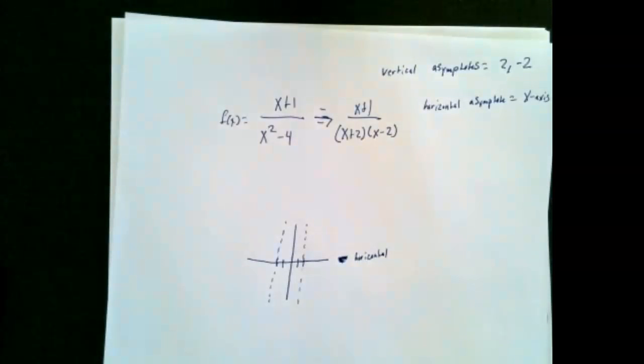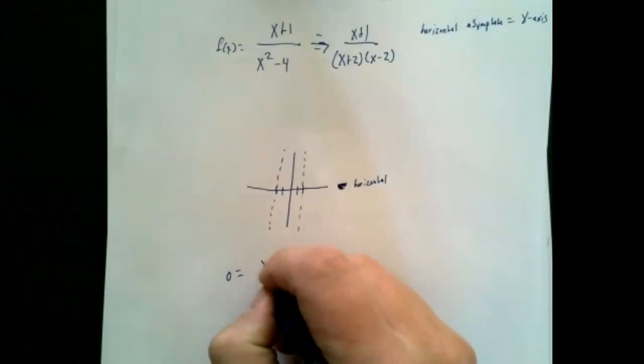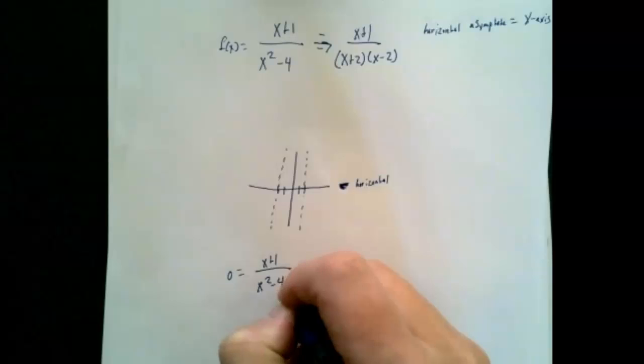Okay, so thinking about our intercepts. Remember, our y-intercept is going to happen when we get f of x set equal to 0. So what we would do is plug a 0 in for f of x, and then solve that. So 0 is equal to x plus 1 over x squared minus 4.